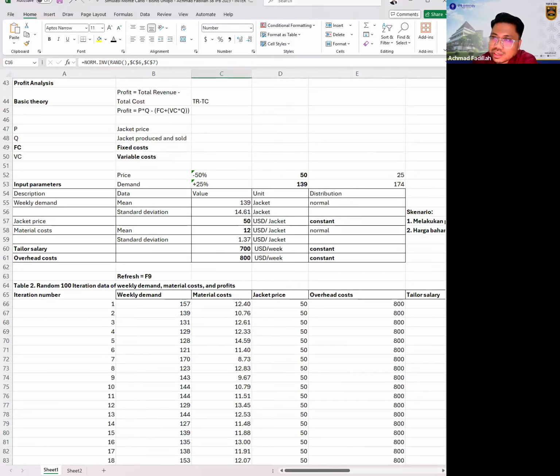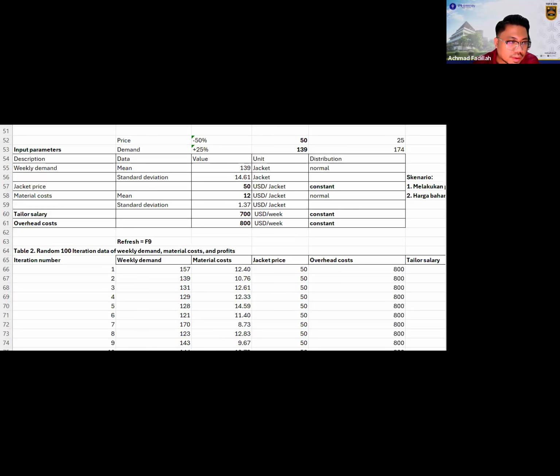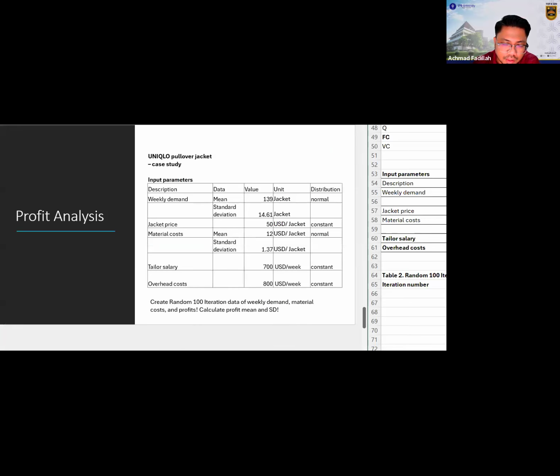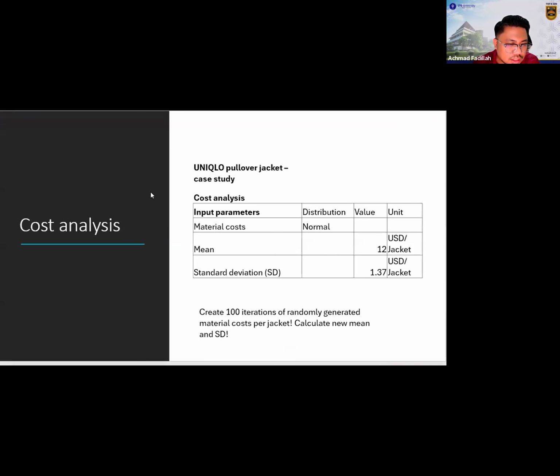So the instruction is, I will go back to the PPT here. Okay, we are already done with the cost analysis with 100 iterations to see how the value always changes, and calculate the new mean and standard deviation.